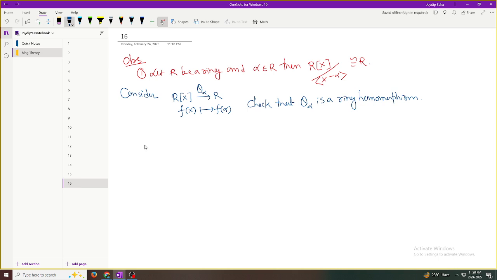What is the kernel? Claim: the ideal generated by x minus alpha. Right. So theta of x minus alpha is 0. This implies the ideal generated by x minus alpha is a subset of the kernel.